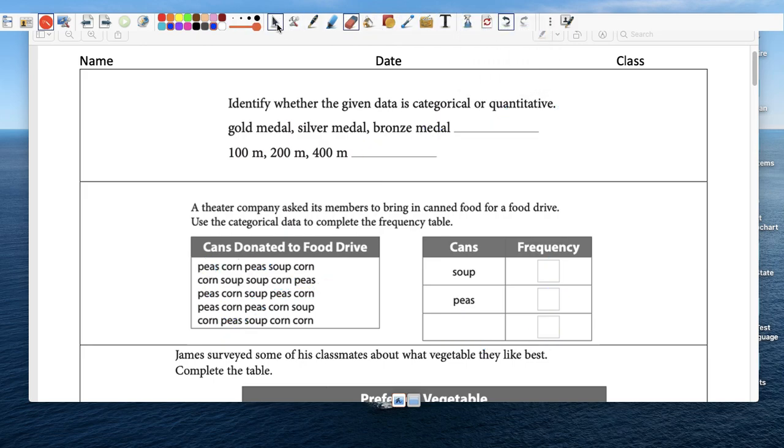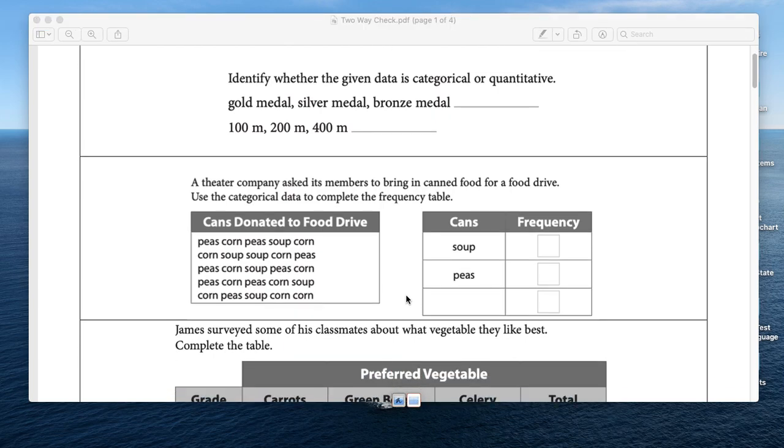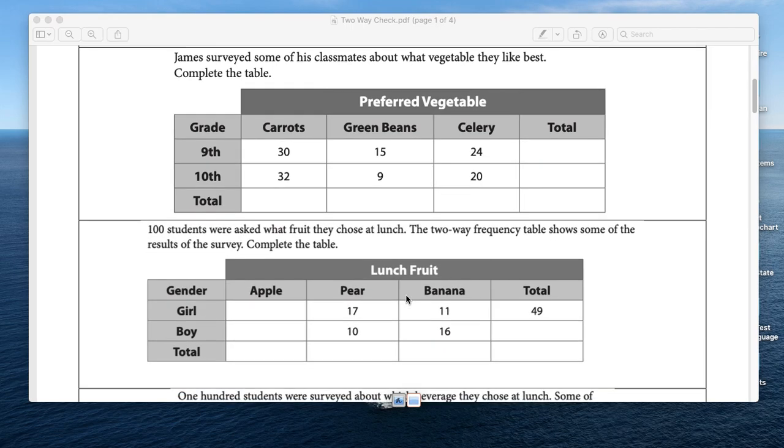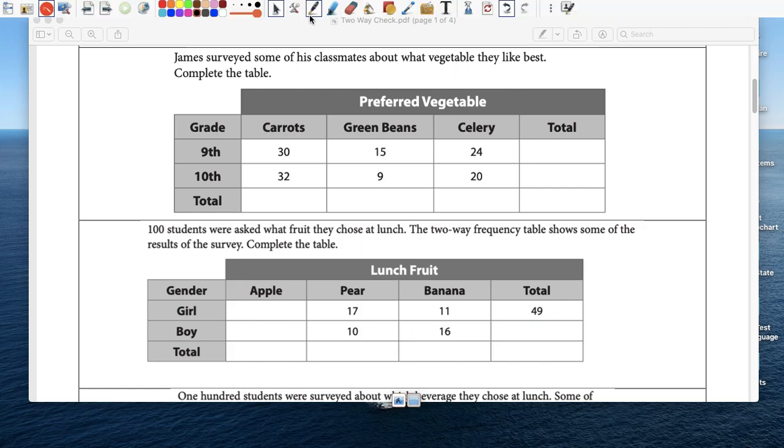Okay. So when you have two categories, you can summarize the results in a two-way table. You'll see what I mean in a second. So in this particular two-way table, we're looking at whether ninth graders prefer carrots, green beans, or celery, and whether 10th graders prefer carrots, green beans, or celery.